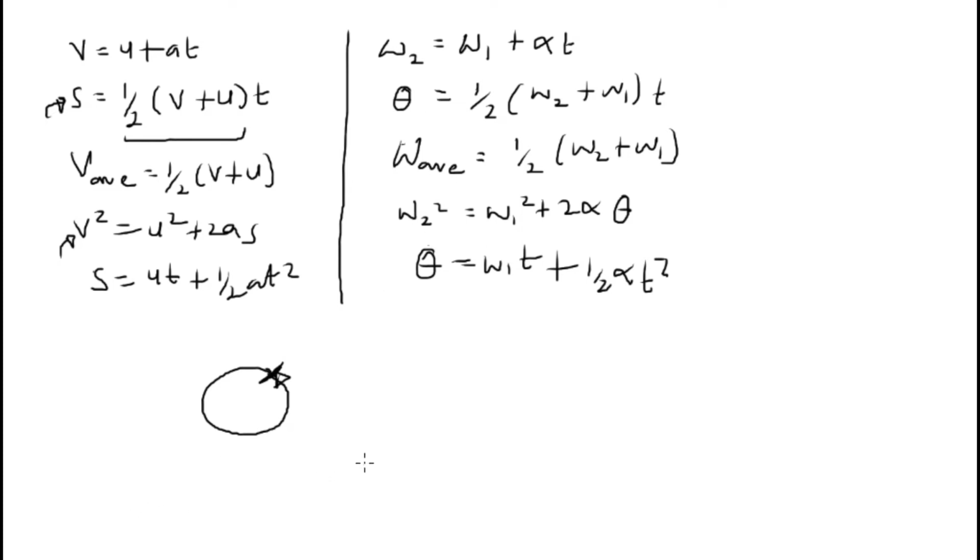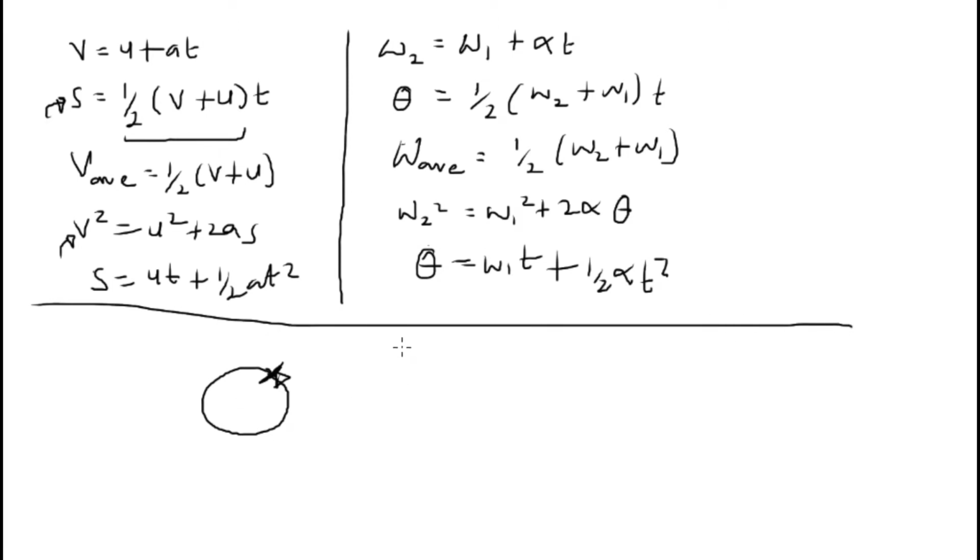Now I can also have some other formulas which we use based on the question. For instance, if you are asked to find the linear speed, the linear speed is given as v equals omega r, where v is the linear speed, that is the speed along the circular path, and omega in this case is the angular speed.